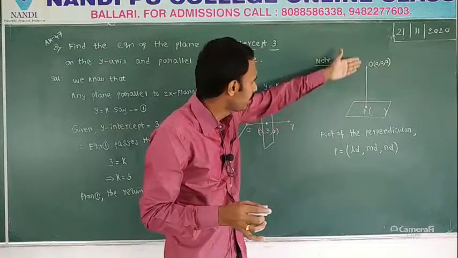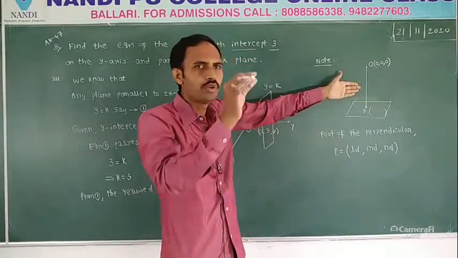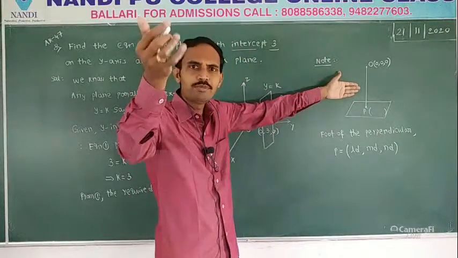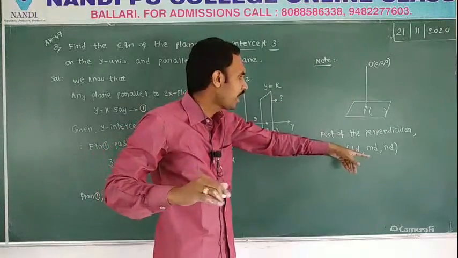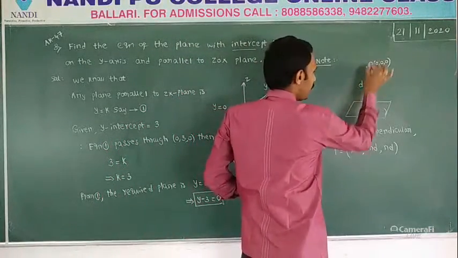This is the normal line, whose DRs we know, a, b, c. DCs means L, M, N. D is the distance between the origin and the plane.